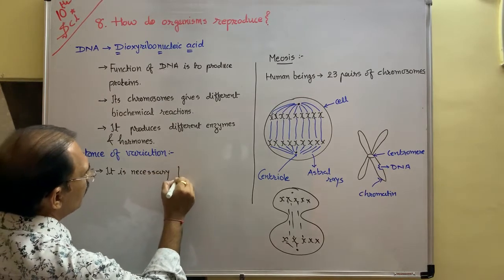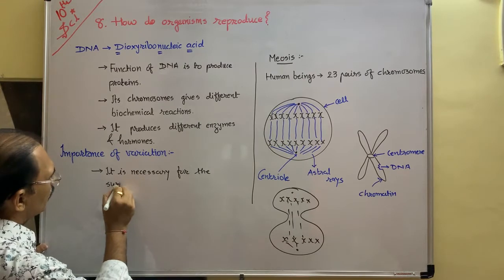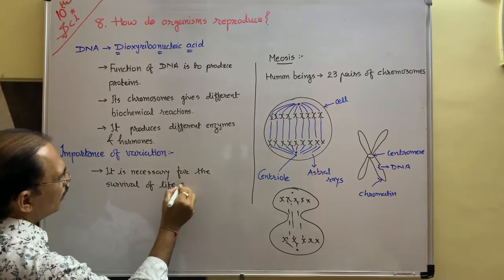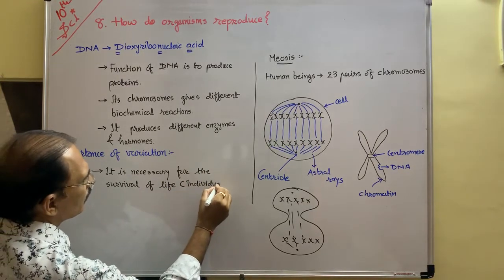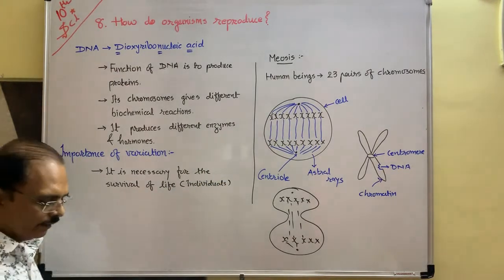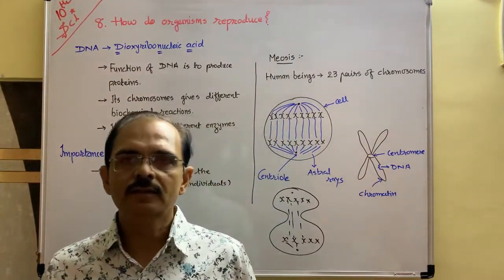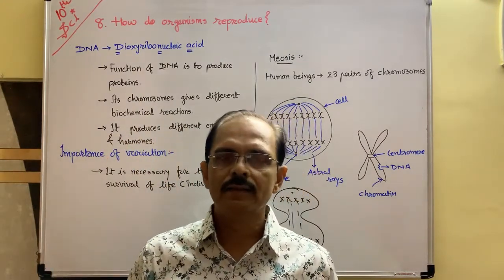It is necessary for the survival of life, or called survival of individuals. For example, suppose your father has already taken many vaccines. Your mother has also taken vaccines.